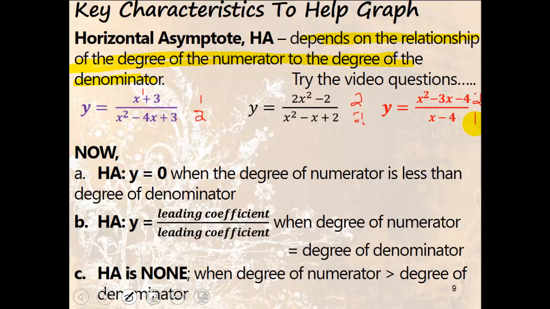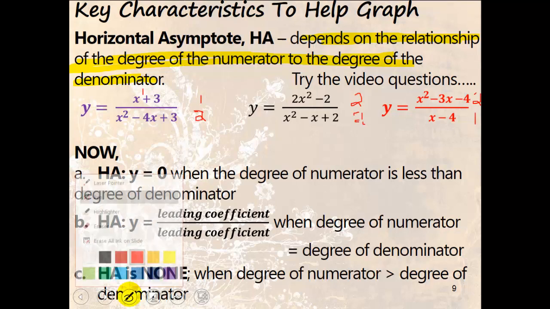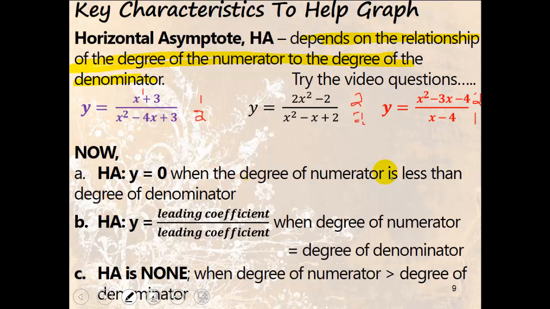Okay, now here's where the comparison comes in. Now that you can find the degree of the numerator and the degree of the denominator: if the degree of the numerator is smaller than the degree of the denominator, your horizontal asymptote is always going to be y equals 0.